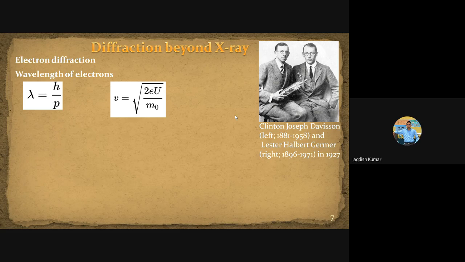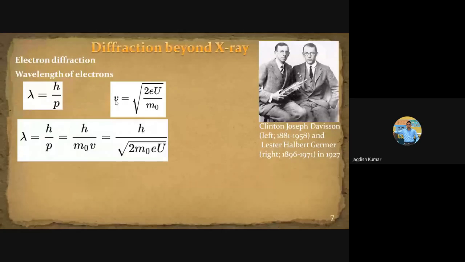What is the advantage associated with electron diffraction? We can tune the velocity of the electrons. If we accelerate them with some potential V, the velocity can be obtained from half mv squared equals eV, right? So by varying the accelerating potential for the electron beam, we can tune the velocity, and once we can tune the velocity, we can tune the wavelength of the electrons.